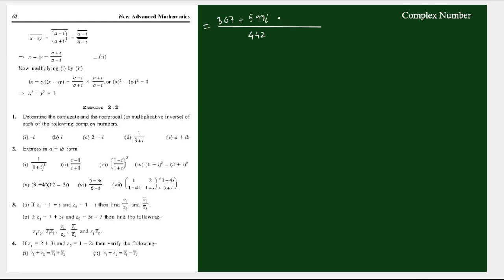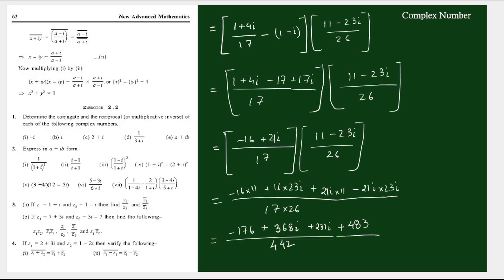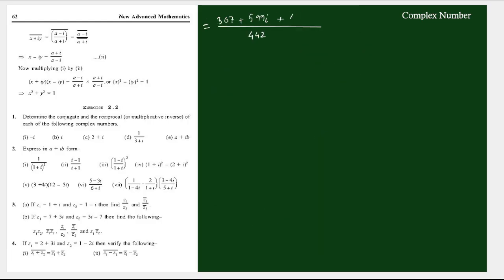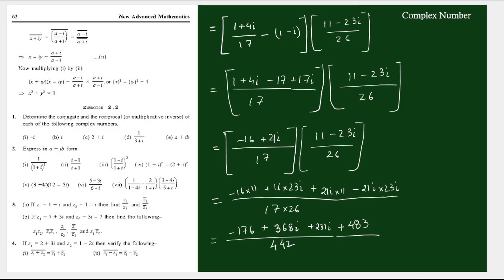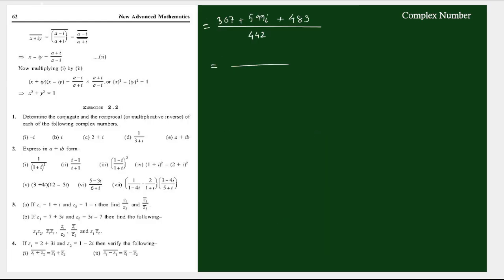Then how much did we get? 483. Add them. Wait, have we already subtracted? Okay, no need to write 483.